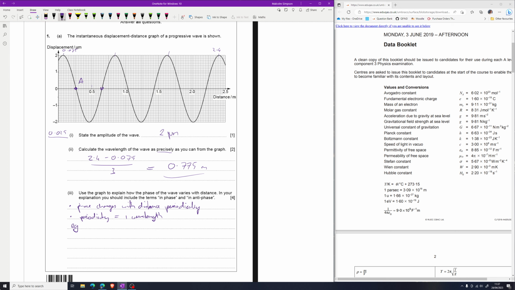So I could label point A, point B, point C, point D, E, and F. And then I could say A, C, and E are in phase with each other. Similarly, B, D, F are in phase with each other.